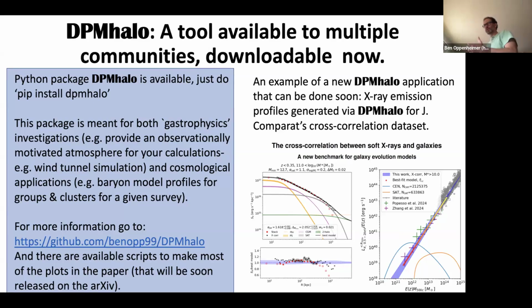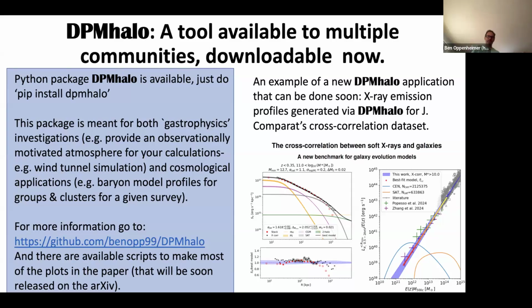So maybe you want to have realistic atmospheric conditions for your wind tunnel simulation if you're doing a theoretical exploration like that, or you want to calculate how satellite stripping is occurring as dwarf galaxies are accreted into the Milky Way halo in the last several gigayears. I'm thinking about Mary Putnam here, and we're working on the last pieces of applications for DPM Halo to inspire the community to use it.